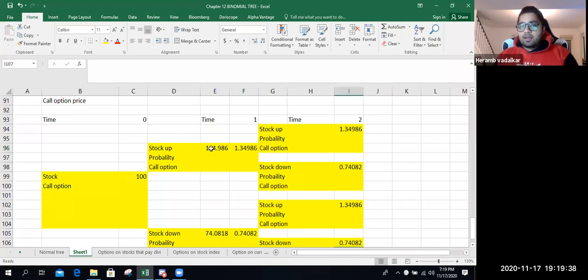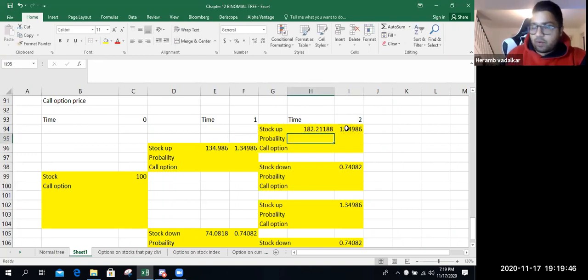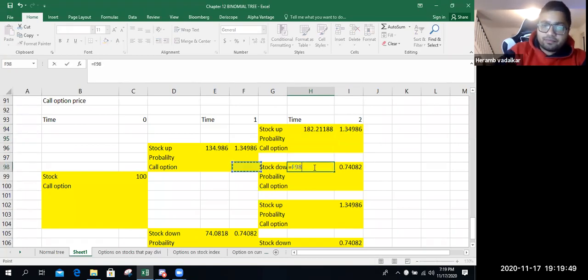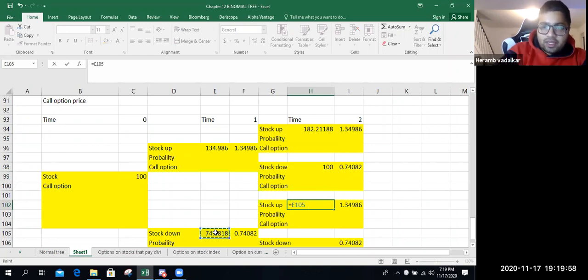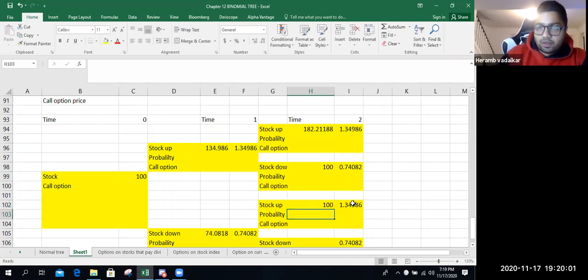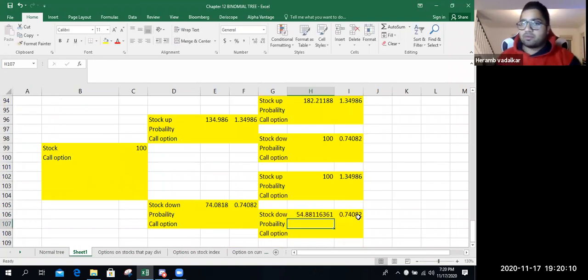Okay. So from 134, if stock moves up, it will go to 182. If stock moves down, it will go to 100. If from 74 stock moves up, it will go to 100. If stock moves down, it will go to 54. So we found out the terminal prices when the option will expire.